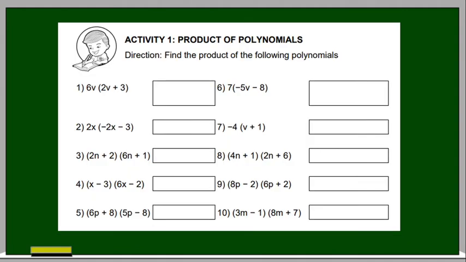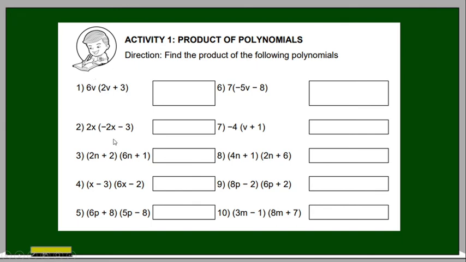Okay? In your activity sheets, in week 5, part 2, we have our first activity entitled product of polynomials. So you are going to find the product of the following polynomials. So this is monomial multiplied by polynomial.